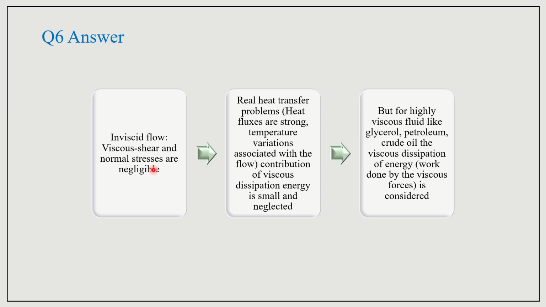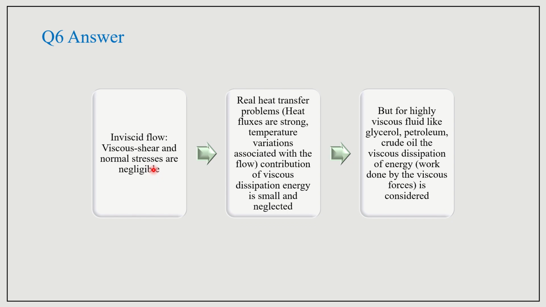But when the flow is with highly viscous fluid like glycerol, crude oil, those things, the viscous dissipation term is considered, work done by viscous forces. So here what is meant is that the viscous dissipation term appears in the energy conservation equation, we all know that.